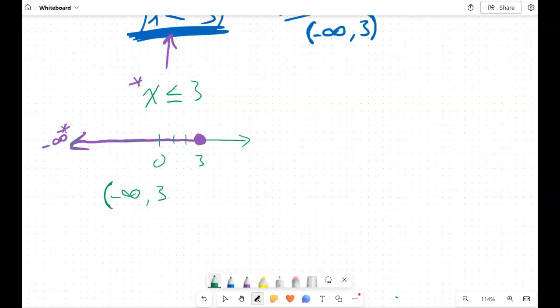This time though, since the 3 is closed and included, it will receive a bracket. The bracket indicates to us that it was included, it was closed. So that's how interval notation works. Now that was a really simple problem. So what we're going to do is flip over and get into problems that are a little bit more involved.